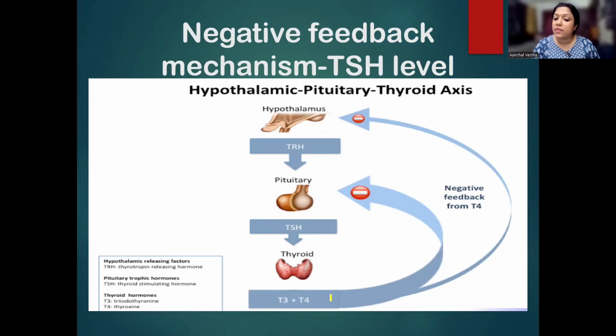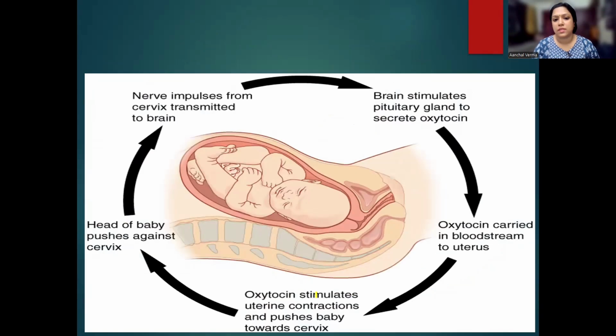When the thyroxine level increases to a certain level, it gives a negative feedback to the hypothalamus. Now the hypothalamus feels that the level of TSH is reached. So it will stop TRH, which will further stop TSH, and finally the thyroxine release will be stopped. So the level is maintained. This is called negative feedback of TSH.